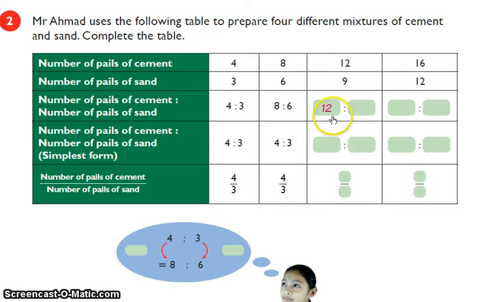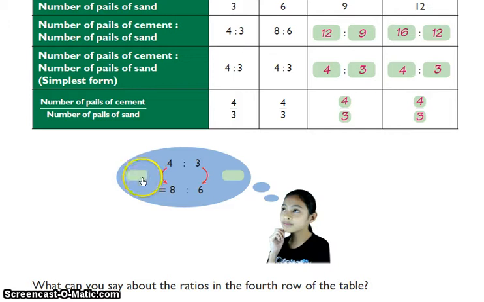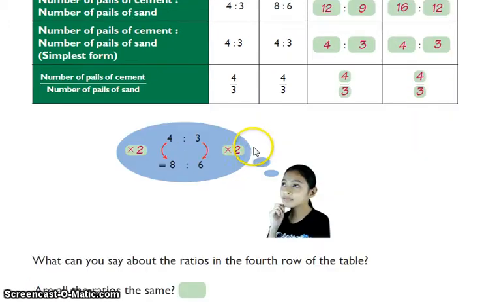When he used 12 pails of cement, he will use 9 pails of sand. When we reduce the ratio, we divide by 3. In the end, we realize that they are of the same ratio. When you multiply by 2, you get 8 to 6.